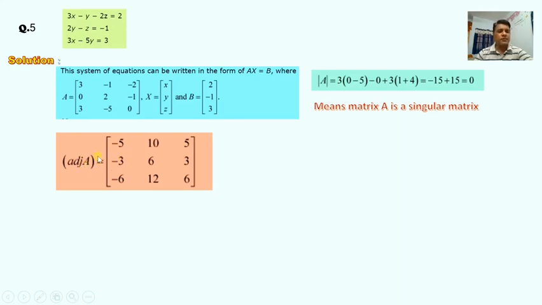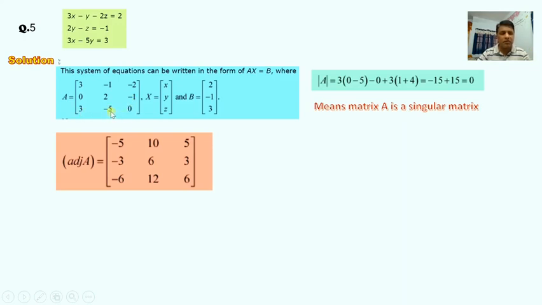So for that, again for the adjoint of A, how will you proceed? The same procedure that we had followed earlier. That means from matrix A, we will start with the cofactors, then A11, A12, A13, and then A21, A22, A23, A31, A32, A33.